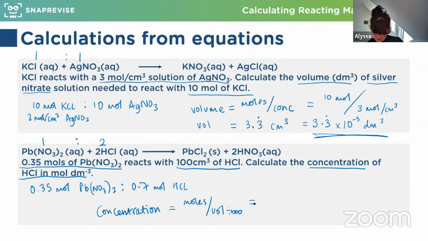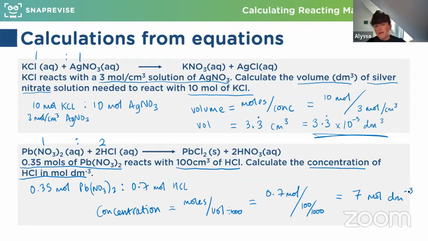So we should get, where's my moles gone? 0.7 moles divided by our volume, which is 100 centimeters cubed over 1,000. So we should end up with, it looks promising, 7 mole per decimeter cubed, or 7 capital M. Capital M means moles per decimeter cubed.